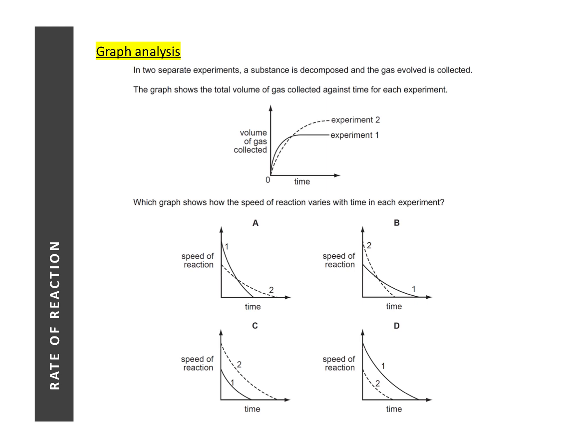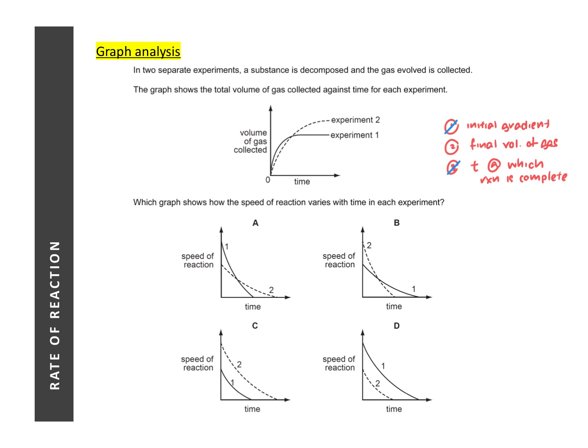What are the three important points? The first is the initial gradient, which reflects the initial rate. Second is the final volume of gas. And the last one is the time at which the reaction is complete. So for any speed of reaction or rate of reaction graphs, it will be good for you to focus on these 3 points. For this question, the important ones would be 1 and 3.